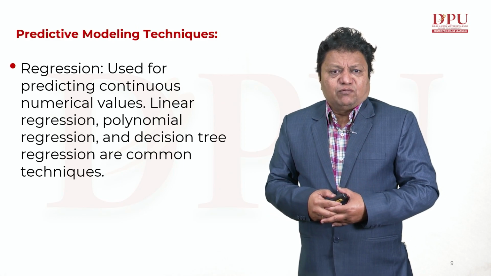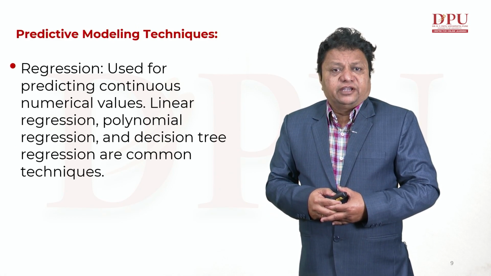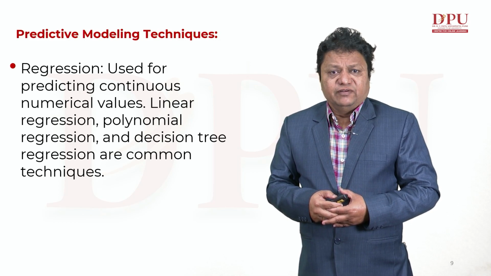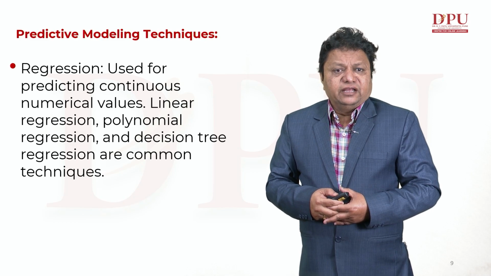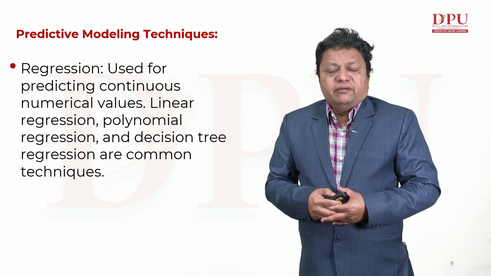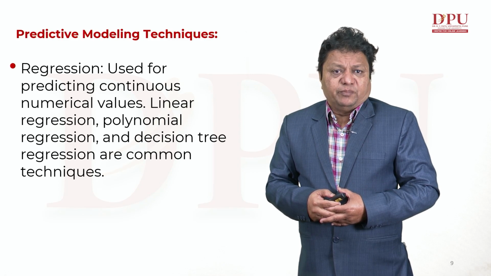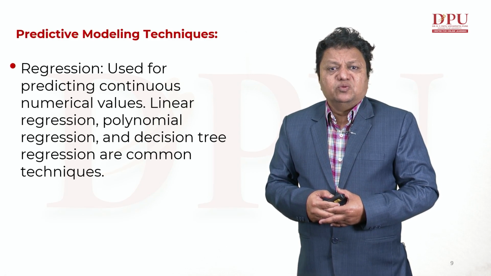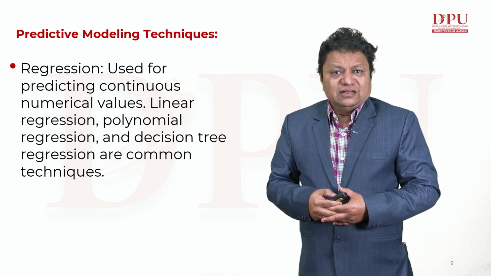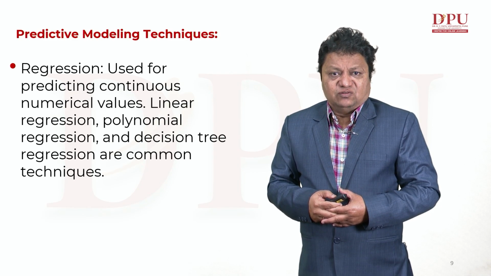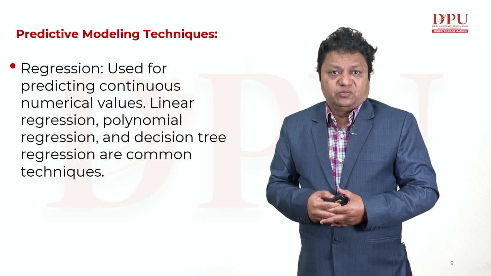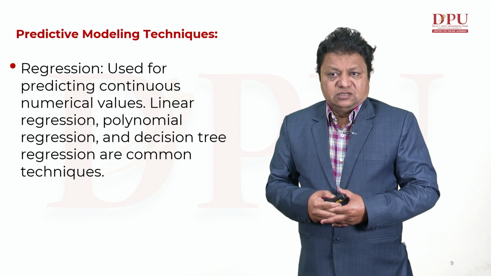Now let us understand what the predictive modeling techniques could be. There are different modeling techniques used for predictive modeling. For example, regression. Regression is basically used for predicting continuous numerical values. If you are predicting continuous numerical values, then your predictive model should be regression.